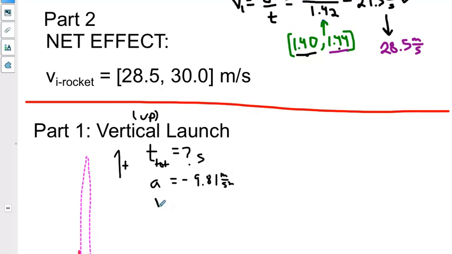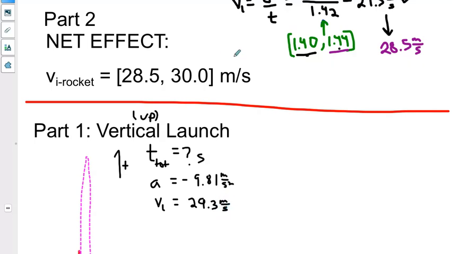And then we know the VI. Originally, what you wrote over here for VI was 29.3, or whatever you got the first time you did this.